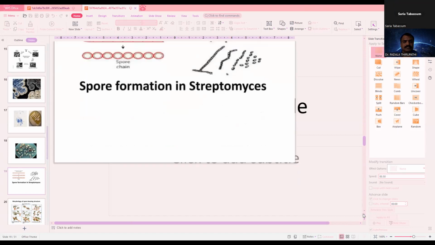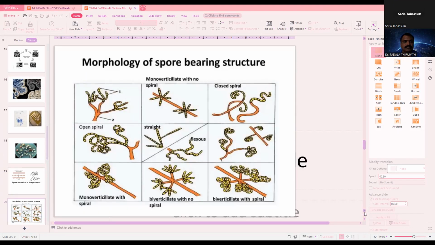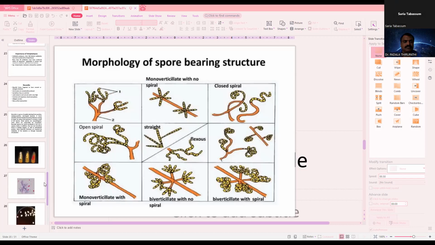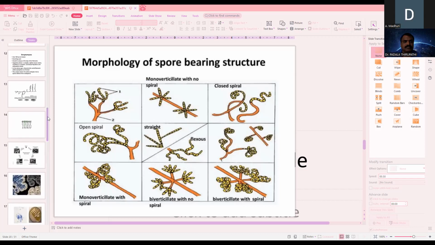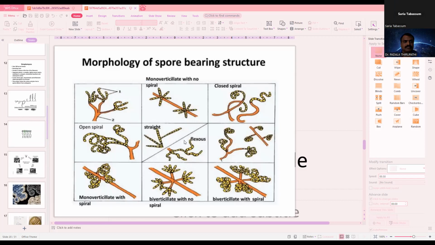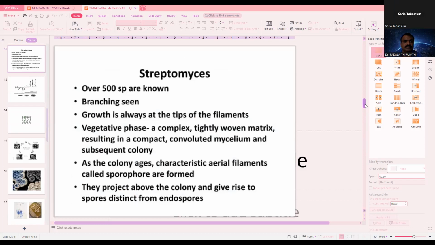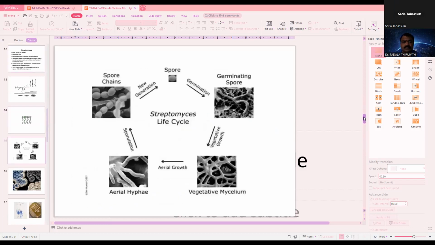When the spores change into germination, that arrow. Upside only, ma'am. Yes, ma'am. You have a doubt here? You want me to explain this slide once again? Yes, ma'am.